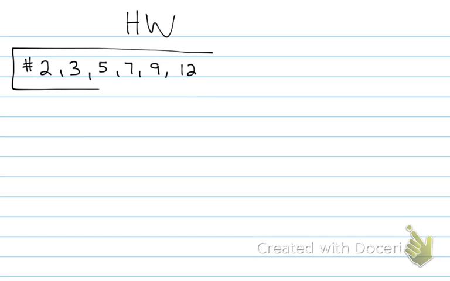Okay, so your homework problems are going to be numbers 2, 3, 5, 7, 9, and 12. And you're going to stop there. These are your 6 problems for homework tonight: 2, 3, 5, 7, 9, and 12. Tomorrow we're going to work on distributive property, and we're going to do number 18. Okay? And that's it for today's lesson.